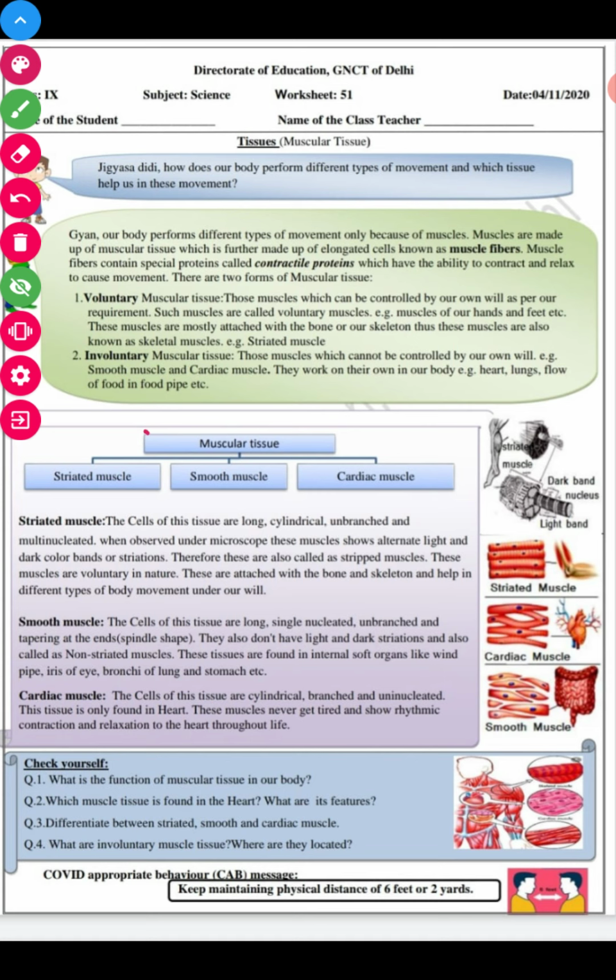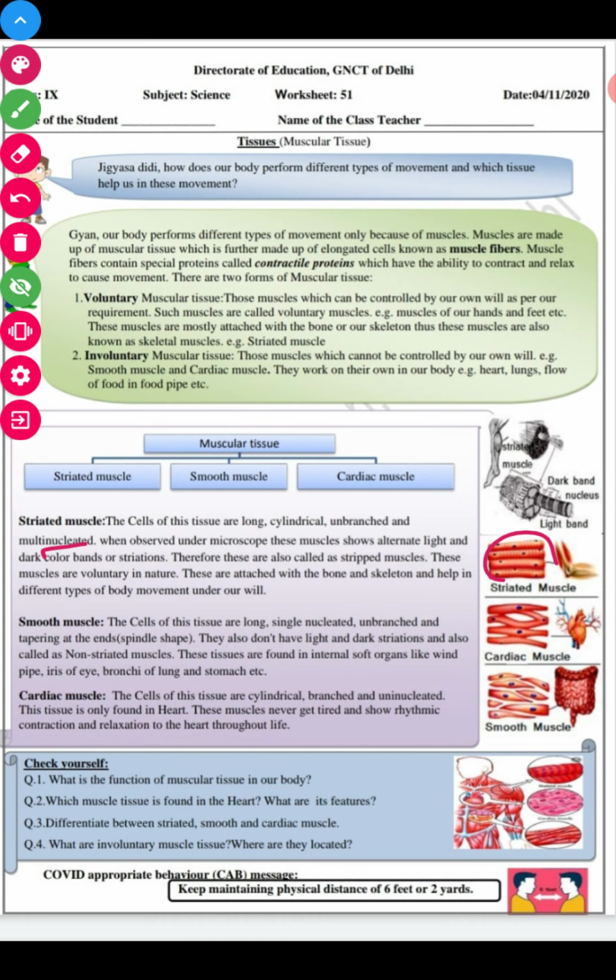Next, we have muscular tissue, as we have already studied striated, then smooth and cardiac. So let's study the difference between these three. Striated: the cells of this tissue are long, cylindrical, unbranched, as well as multinucleated. See the number of nuclei present.